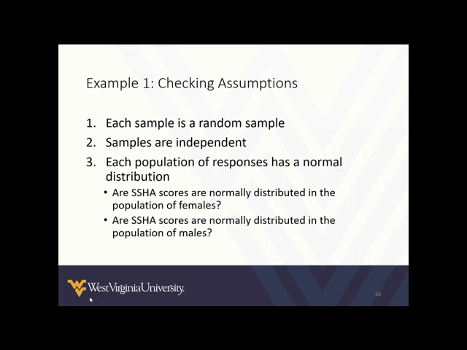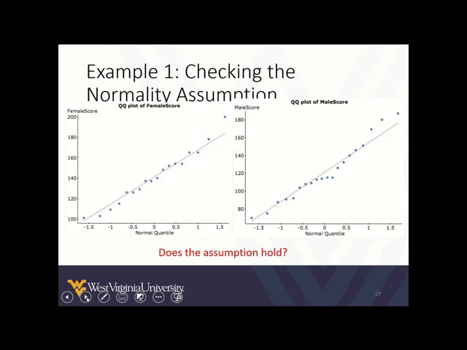Now, this is not something that I'm going to have you required to do by hand, but what will occur is that I may give you the QQ plots for these two populations and ask you if the assumption holds. Examining these cases, I would say that these populations are normal enough for us to say that the normality assumption holds.